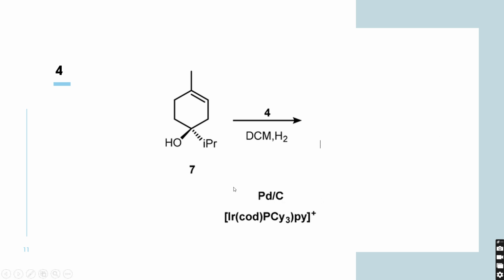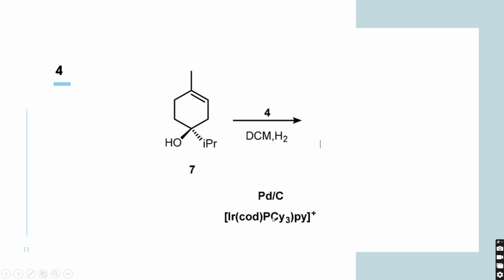One is palladium supported on carbon and hydrogen, and the second one, if you look at the structure, is your Crabtree catalyst, which is an iridium catalyst, and you are given this particular alcohol, and you have to treat it with two different reducing agents.